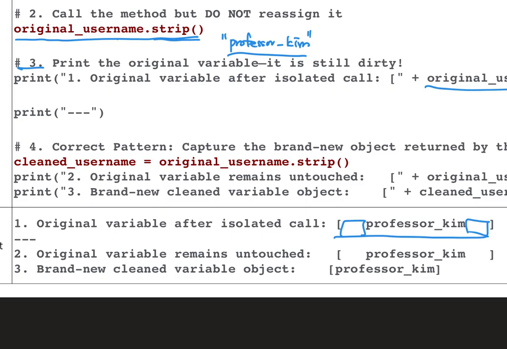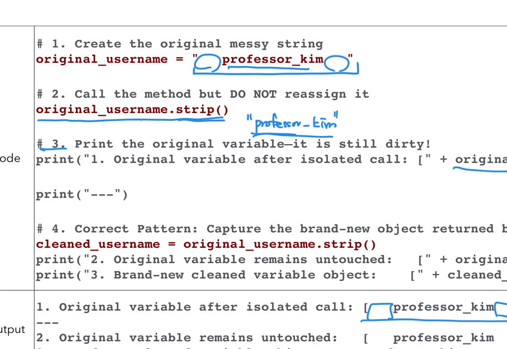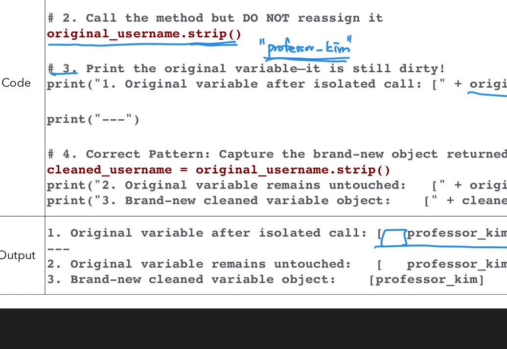You created this output for a second, but once you go to the next line, that information will be erased. So if you want to use that information, you need to assign that information to a new variable.